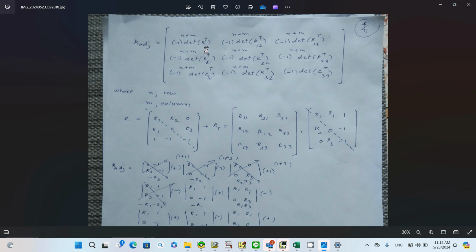Now you need to work out R transpose. Sorry, this is supposed to be the power, not subscript. From R, you can look for the transpose. You can see a dotted line here. It's like you put a mirror, and it reflects back and forth evenly. So R2 is going to be replaced by 1, 1 is going to replace R2, and negative 1 is going to replace R3, and negative 1 is going to be replaced by R3.